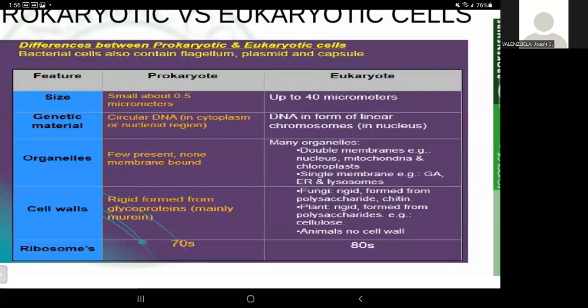And in terms of ribosomes, we have 70S and 80S.